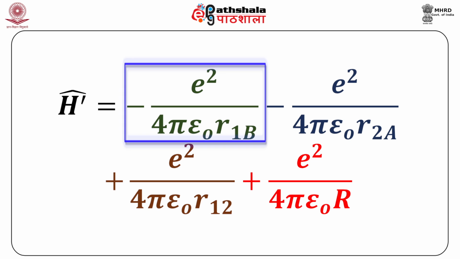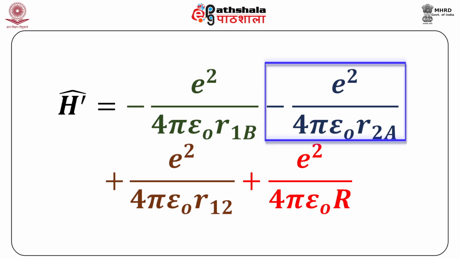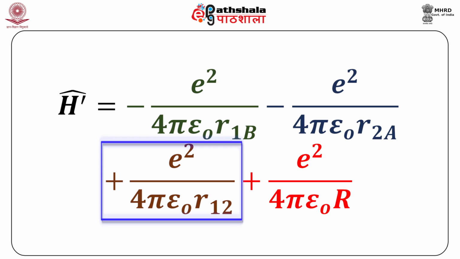One is E square upon 4 pi epsilon 0 R1b, minus E square upon 4 pi epsilon 0 R2a, plus E square upon 4 pi epsilon 0 R12. This R12 term, which is positive, represents electronic repulsion.